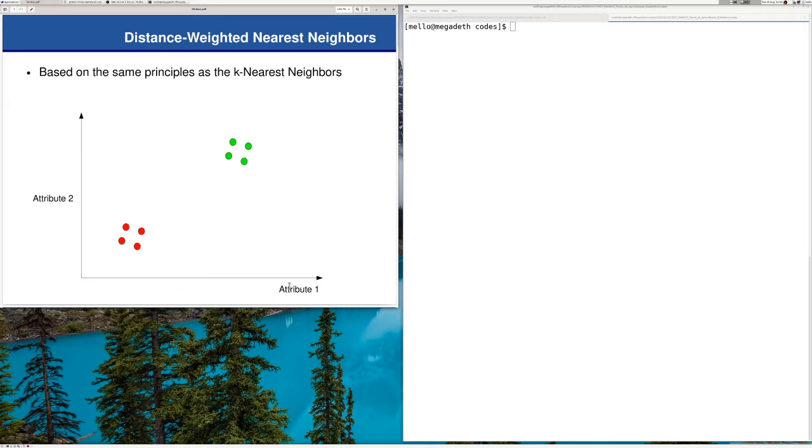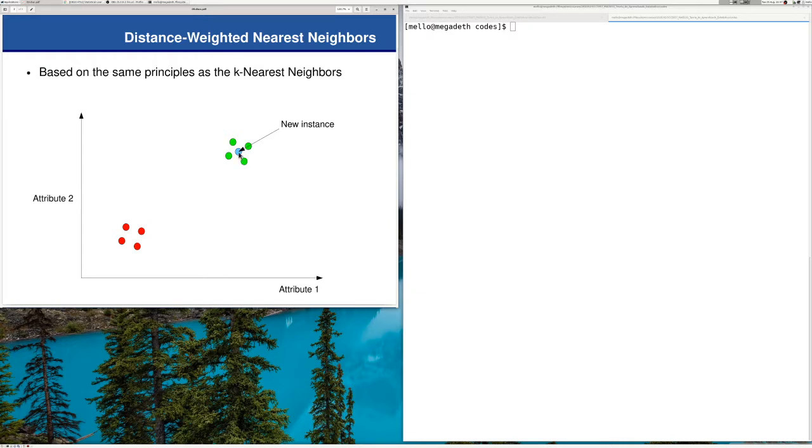Let's suppose this attribute over here is temperature, and this is pressure or moisture, whatever. Then we've got some elements that belong to the positive class and some elements belonging to the negative class. The basic idea is we receive a new instance, and the traditional k nearest neighbors is going to consider the k closest elements to classify this one.